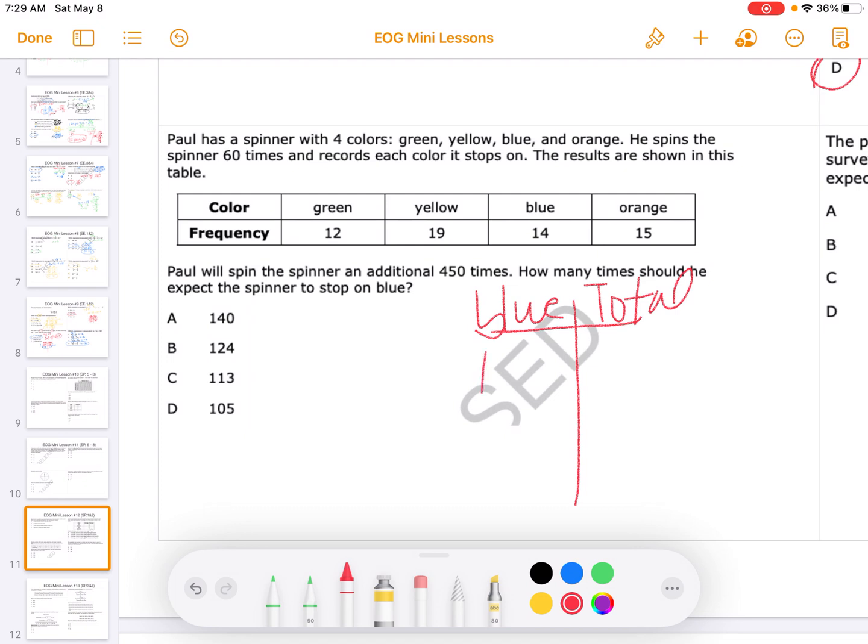So blue is 14 out of 60. So I want to know what it would be out of 450. Divide going up, multiply coming down. So 450 divided by 60, I get 7.5 times 14. I get 105.